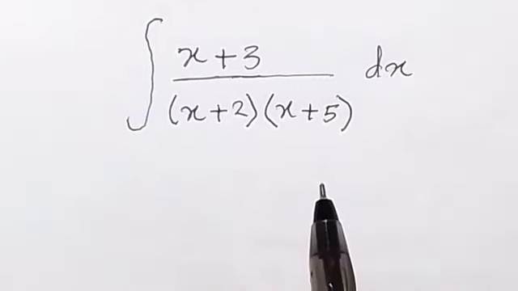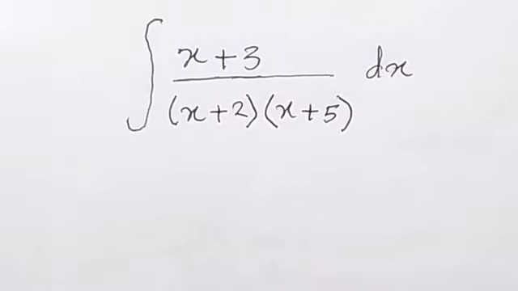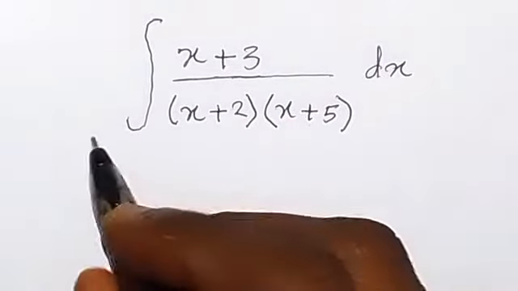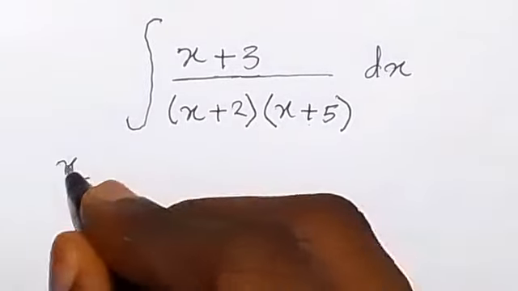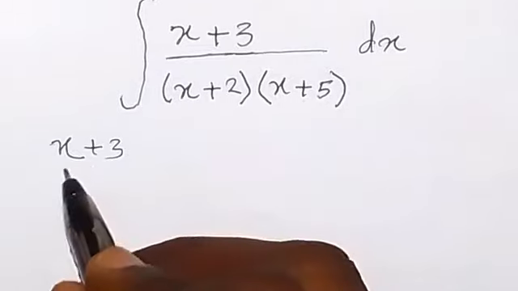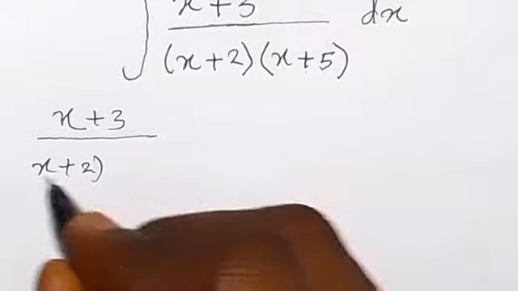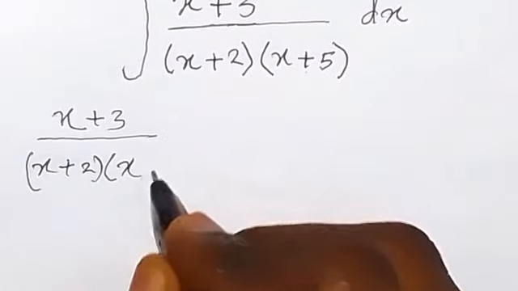Here we want to solve this integration, and we are integrating using partial fractions. Now the integrand given here is (x + 3) divided by (x + 2)(x + 5).